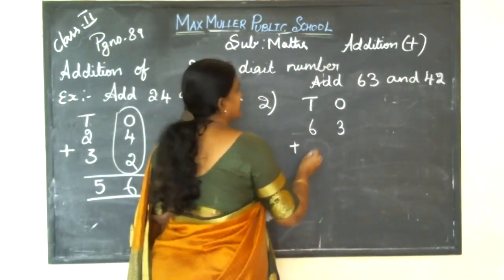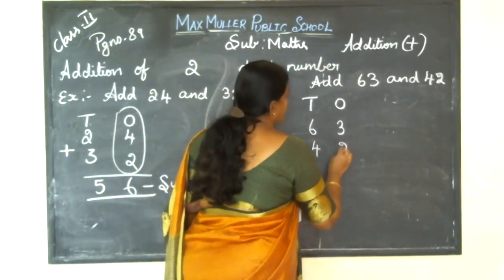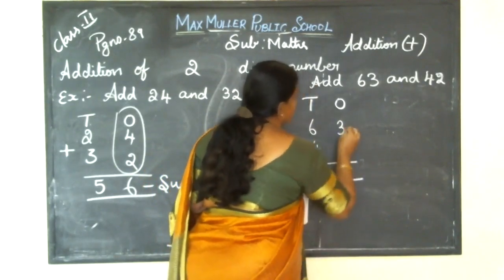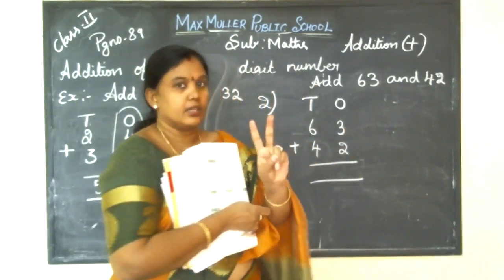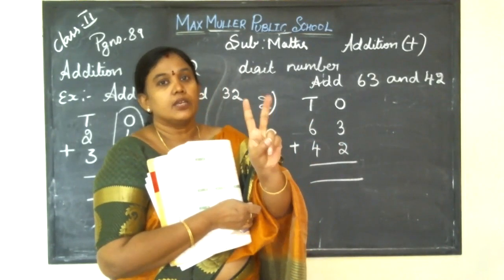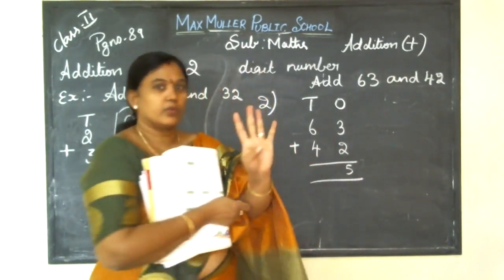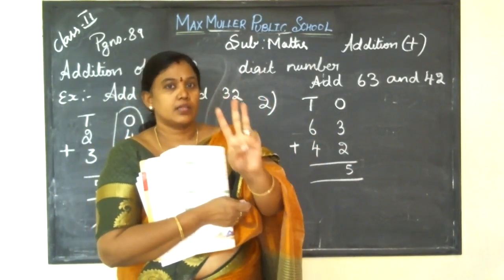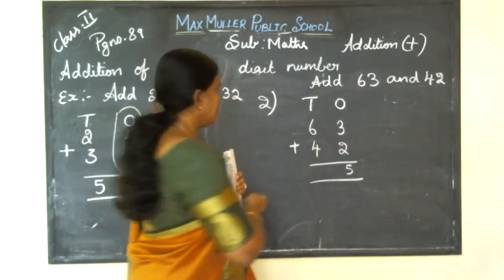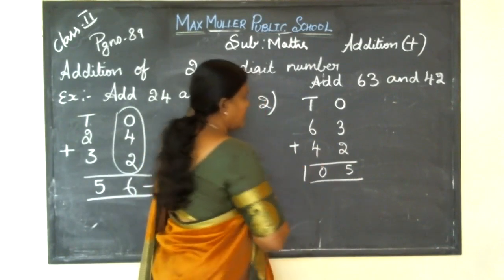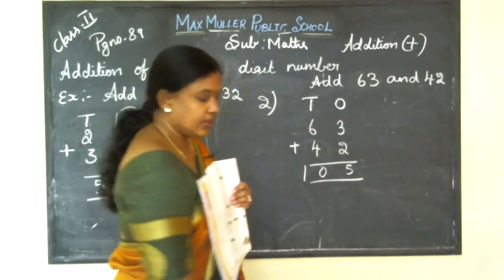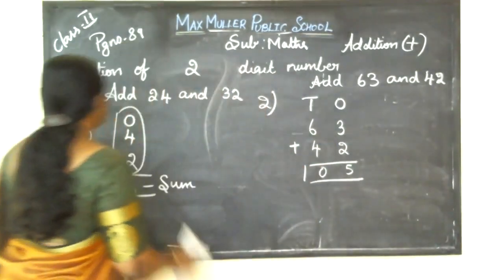You want to arrange first 63, 42. 3 plus 2, 3 in the mind, 2 on the finger. After 3: 4, 5. 6 in the mind, 4 on my finger. After 6: 7, 8, 9, 10. So 10, you want to write here.